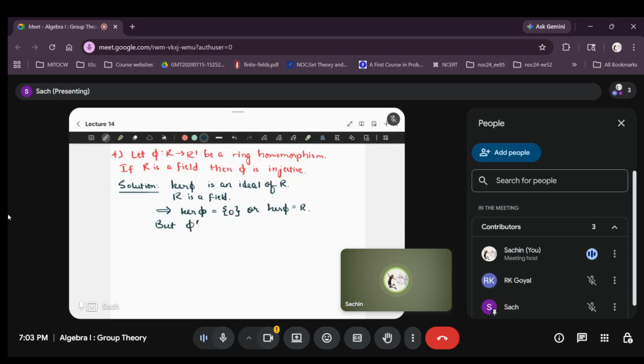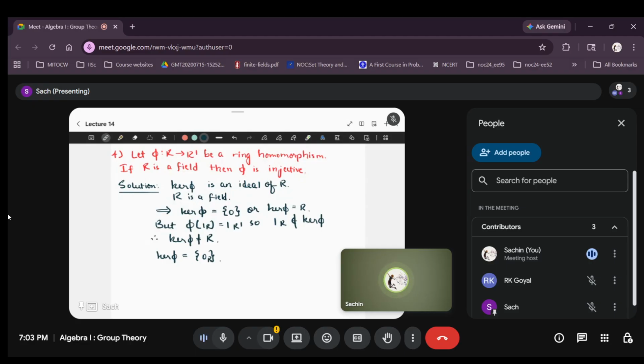But we know that phi of 1 must be 1. So 1 does not belong to the kernel. Therefore, the kernel is not the entire field. So we can say the kernel of phi contains only the zero element.